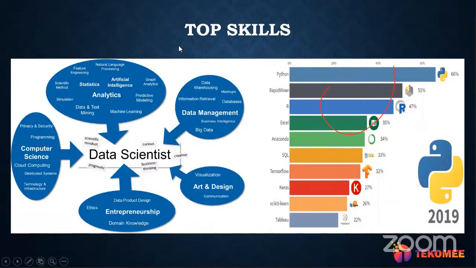The skills, as you can see on the left hand side: you definitely need an analytical mind, because once you have an analytical mind, you can understand certain things in a smart way. There is a difference between hard work and smart work.